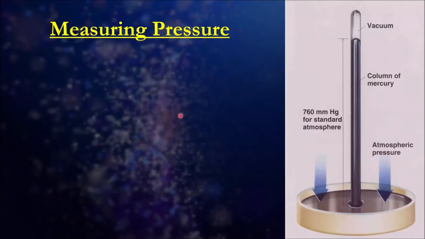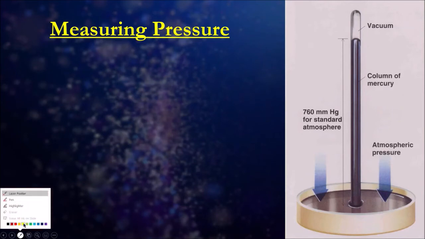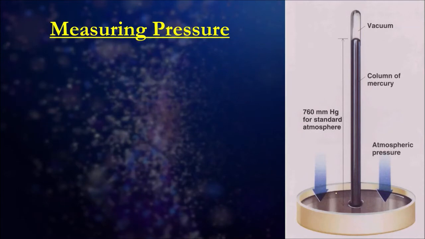Now, in terms of measuring pressure, how have we done it? One of the methods that we can talk about is this mercury column. Based on one of the gas laws we will talk about next, if you have a little dish full of mercury and you have a little column tube, you put that column tube into the mercury.